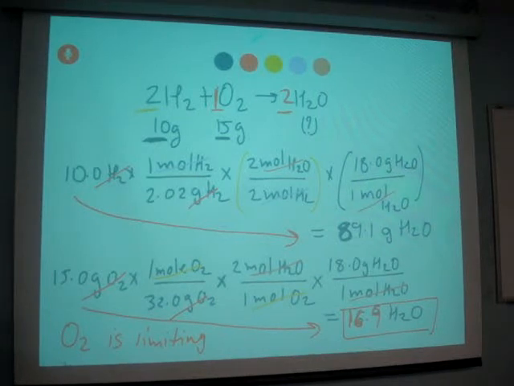Now, here is the question: how much H2O is produced? Since O2 is the limiting one, we can produce only 16.9 grams of H2O. The rest of the other will be excess reagent. So in that case, H2 is the excess reagent and O2 is the limiting one.